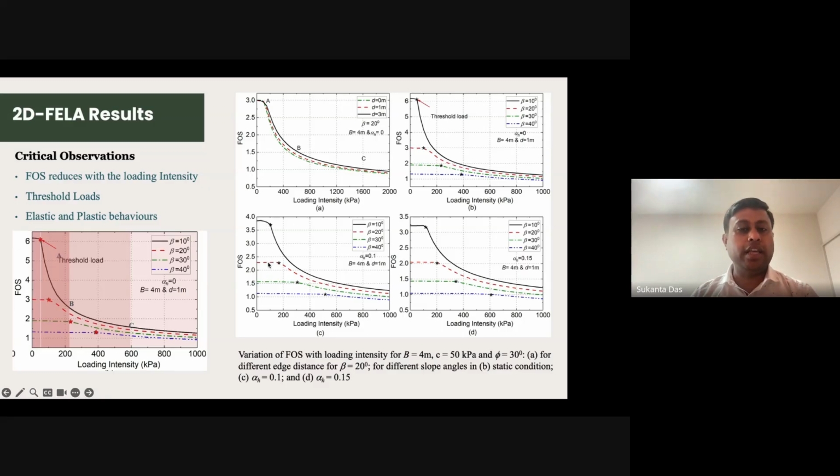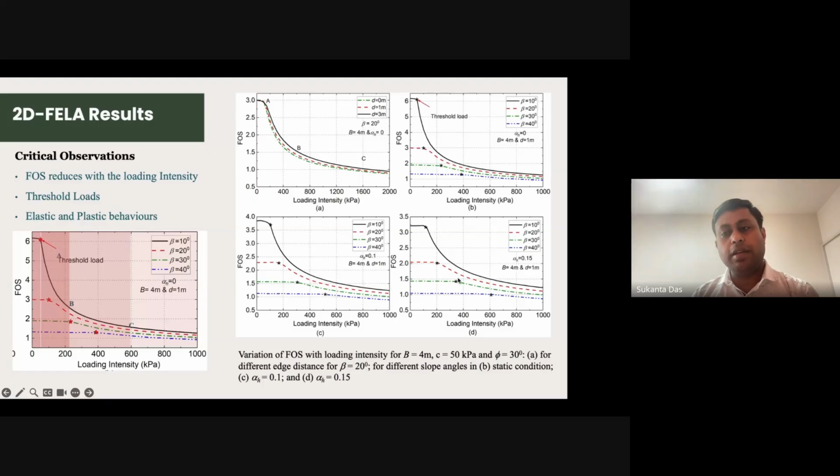And in each case, if we compare the two figures, you can see that the factor of safety is reducing. And if you really compare the threshold load, this threshold load is also going to change due to the influence of seismic coefficients.